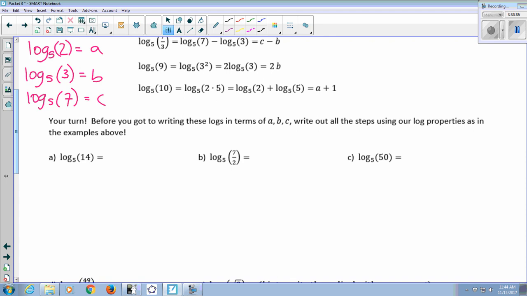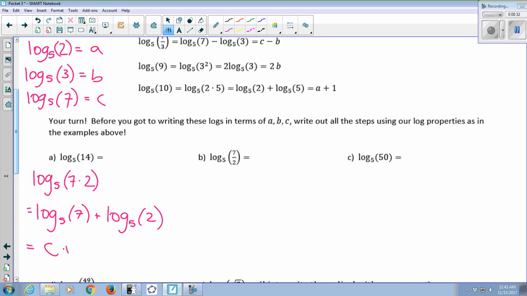So I'm going to rewrite it as log base 5 of 7 times 2 because I have 7 and 2 as inputs that I know. And then I can use my log properties to rewrite this as log base 5 of 7 plus log base 5 of 2. And log base 5 of 7 is C. Log base 5 of 2 is A. So we have C plus A, or A plus C would also be acceptable.